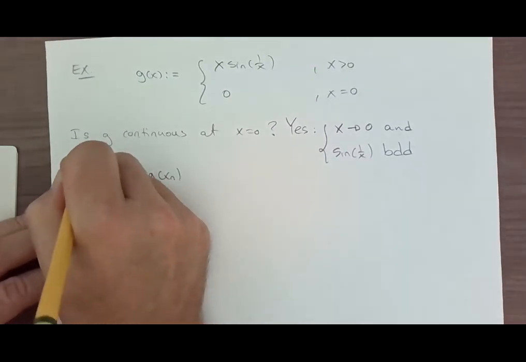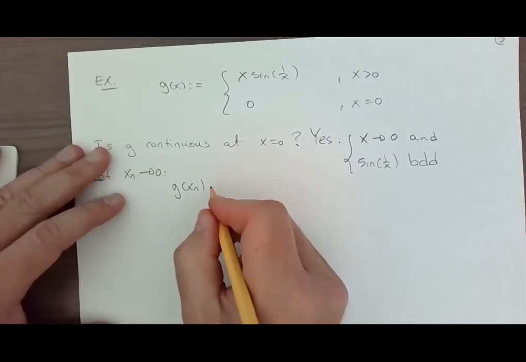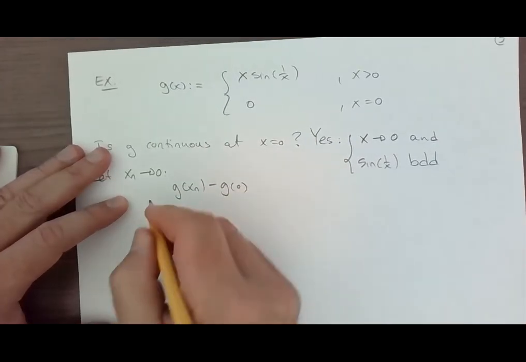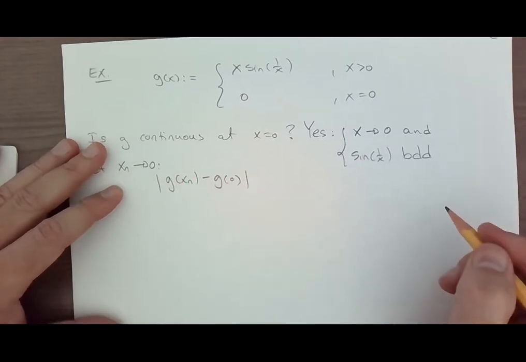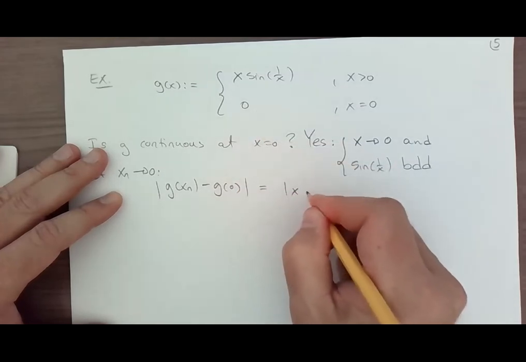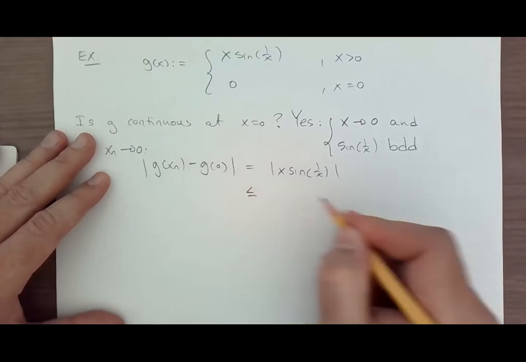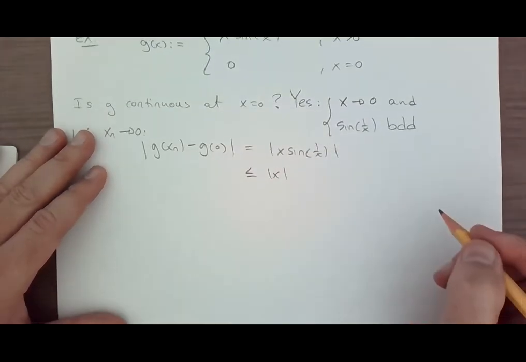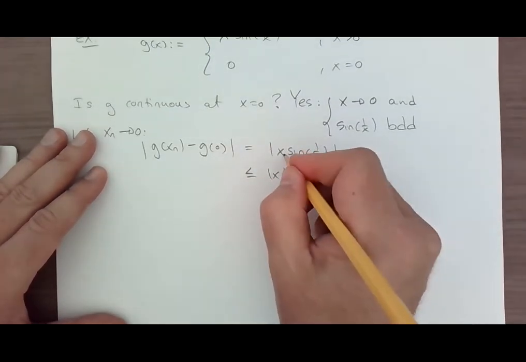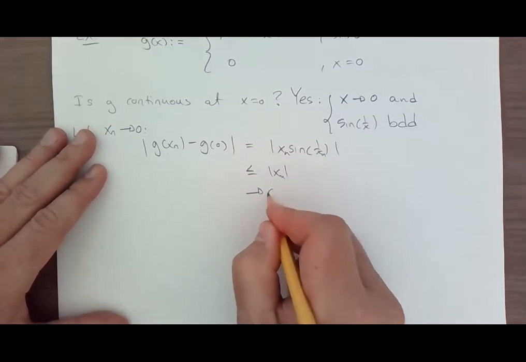We're going to take an arbitrary sequence, let xn go to 0, then G of xn minus G of 0, how does it operate? This was a 0, so this is just the absolute value of xn sine 1 over xn. But this is bounded by the absolute value of xn, and this goes to 0.